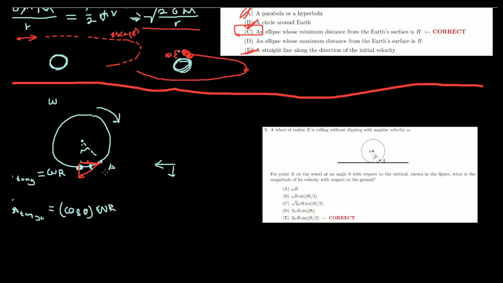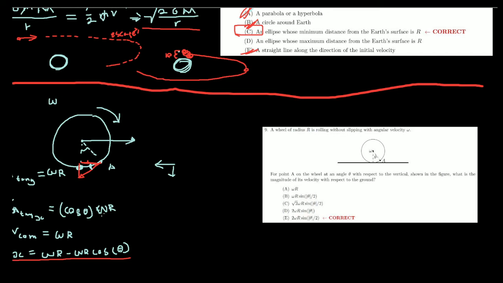Now we can find the total horizontal velocity of point A by simply adding our velocity of center of mass, and V COM is just going to be omega r. So what we have here is Vx equals omega r minus omega r cos theta. Okay, good.